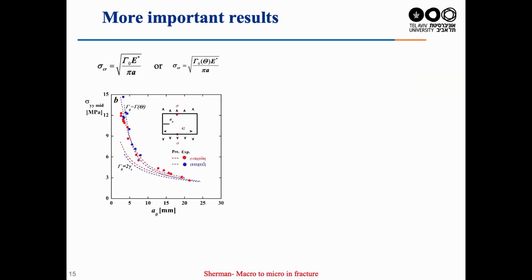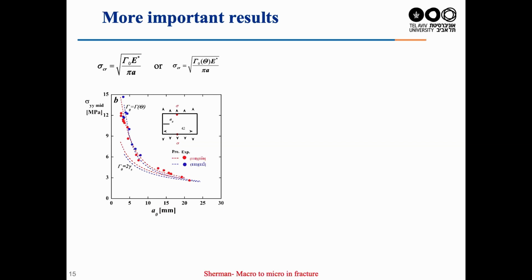Okay. So we also examine a few other things. For example, we relate sigma as a function of A naught. Sigma was obtained by finite element analysis at this point. And what we see, this is the Griffith relationship, gamma naught equal to gamma surface.